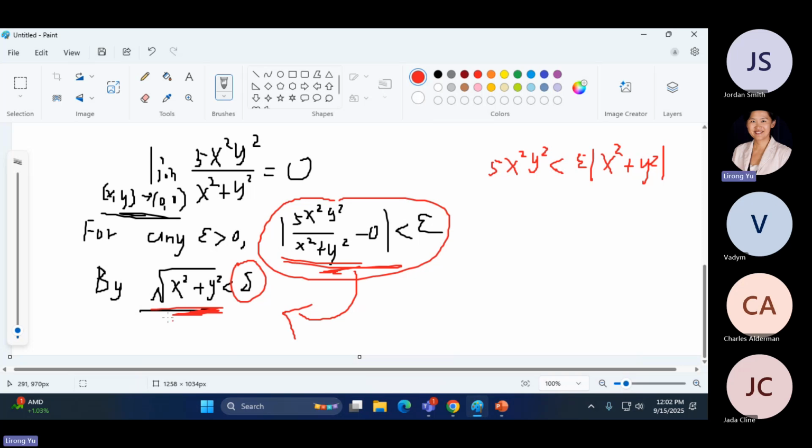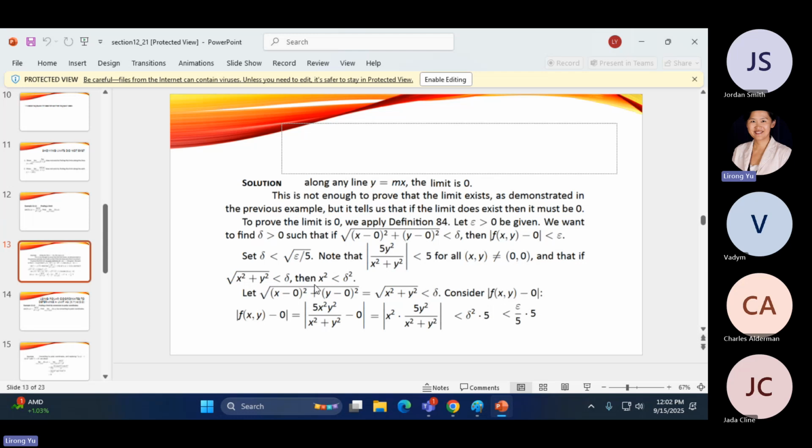What we really wanted to have is this. If we start from the direct derivation, this is what you have to consider.